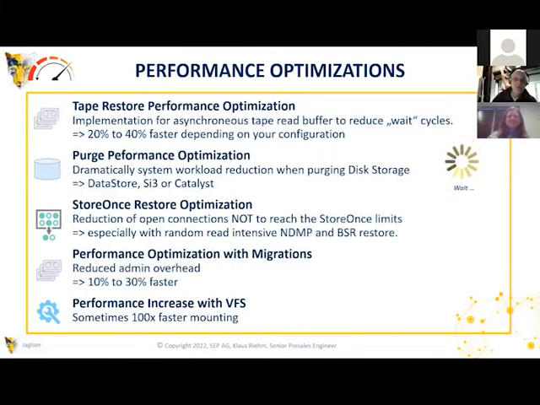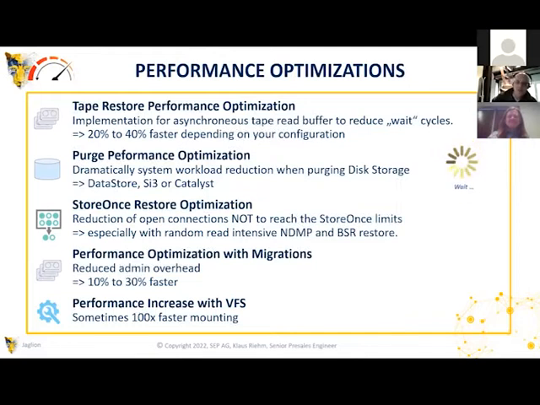If you have an HPE StoreOnce as a backup target, we have also optimized the restore in terms of the amount of open connections we have open in parallel. We have optimized migrations also with these kind of buffers and SQL commands and so on.